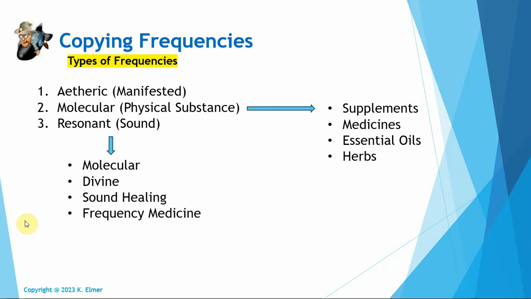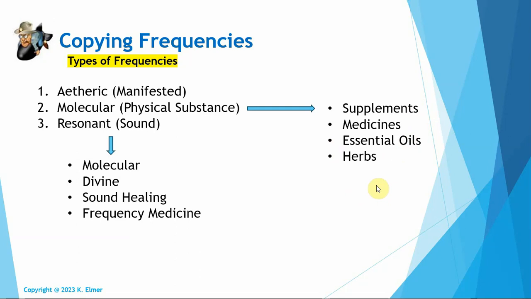So every single physical thing that you can touch and see and smell and look at has a molecular frequency. That means all of your supplements, medicines, essential oils, herbs, things like that are essentially molecular because they're physical substances. Those frequencies can be captured and added to any type of object using a block.